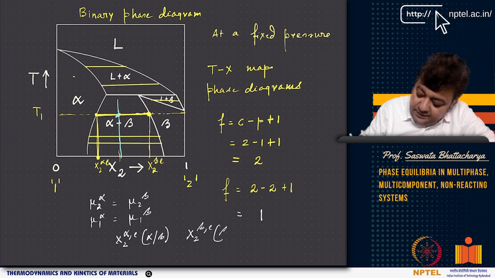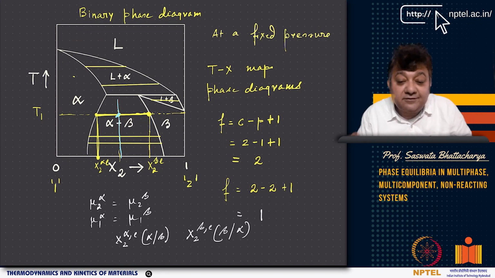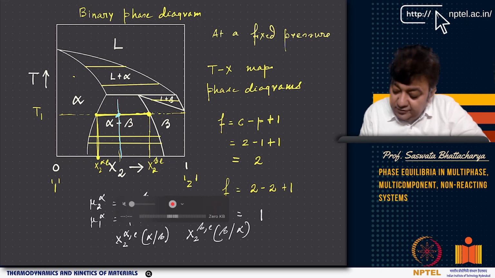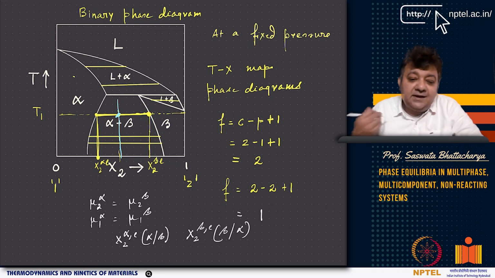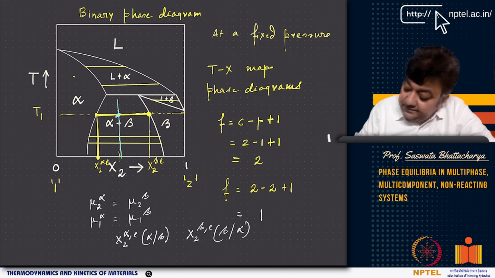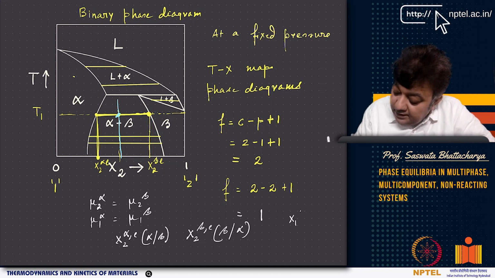Now, you have to be very careful: if I know X2 alpha, then X1 alpha equilibrium is nothing but 1 minus X2 alpha.